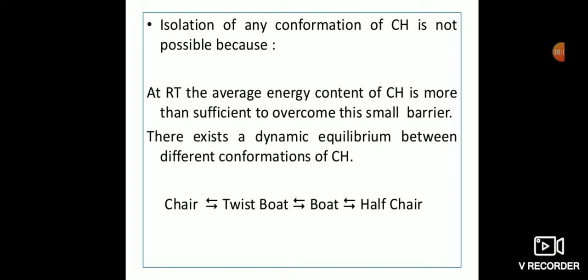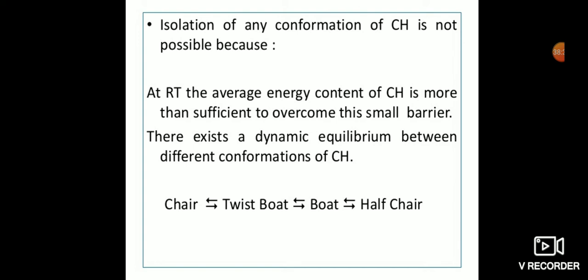There exists a dynamic equilibrium between different conformations of cyclohexane. Chair is interconvertible into twist boat, which is interconvertible into boat form, and boat is interconvertible into half chair form. So this way all forms are interconvertible into each other, and this way we can say that we cannot isolate any one form or any one conformation.